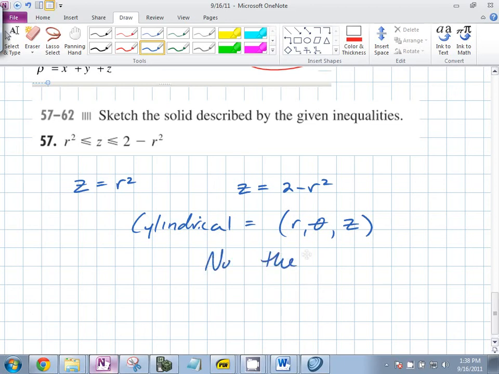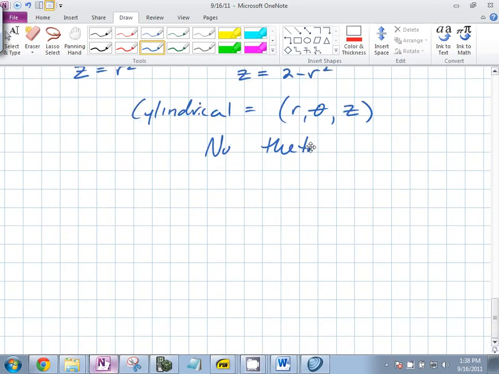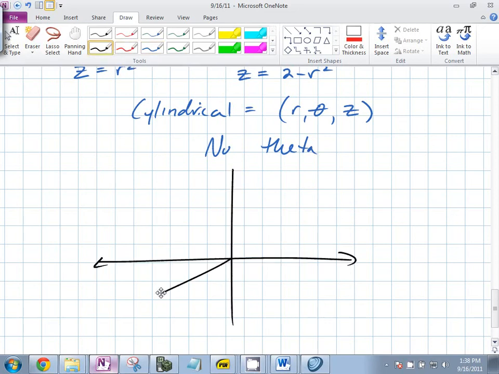What that means is, and this is really important, when we draw our axes, theta is the angle measured from the x-axis, looking down, going counterclockwise. Here's x, here's z, and here's y. Does it matter what theta is?